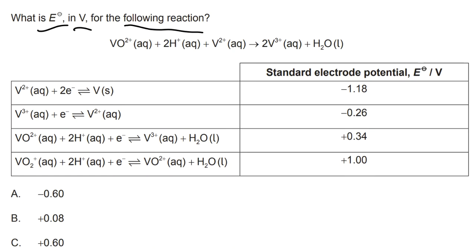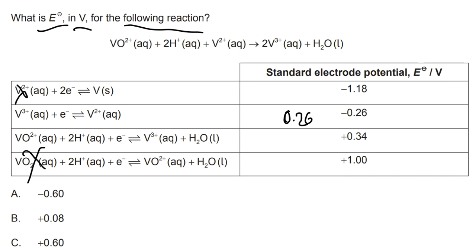I think first I need to identify which of these reactions is actually happening. So vanadium dioxide is not the reaction that's happening. Vanadium 2 plus is reacting to form vanadium 3 plus. So it can't be this equation because we don't have 2 there. So it's going to have to be this equation but reversed. So it's going to be 0.26.